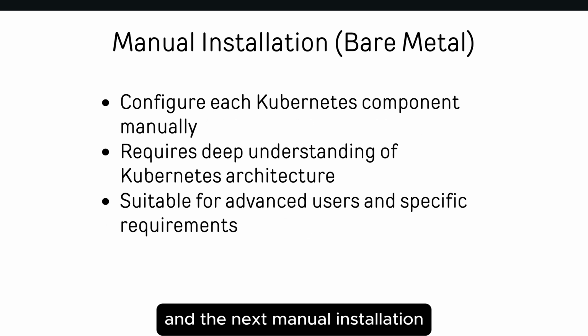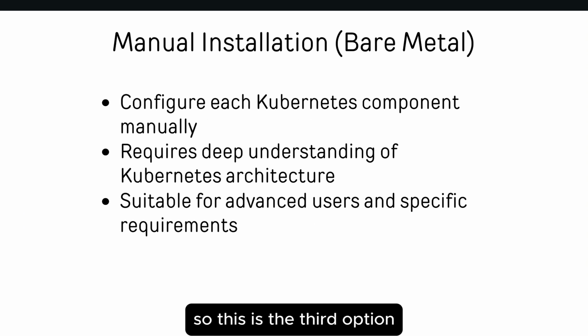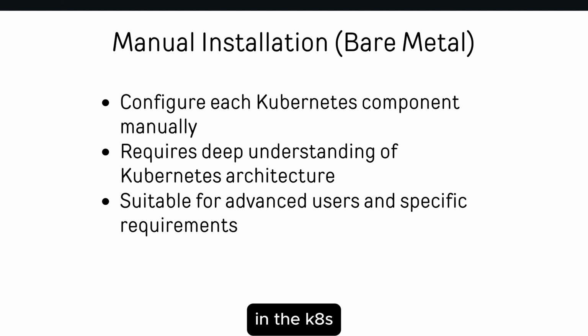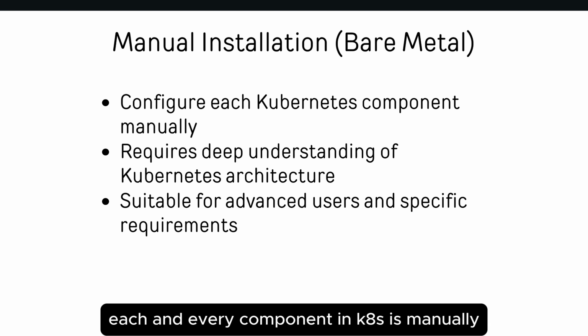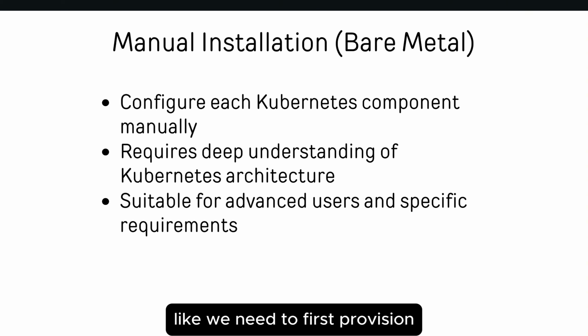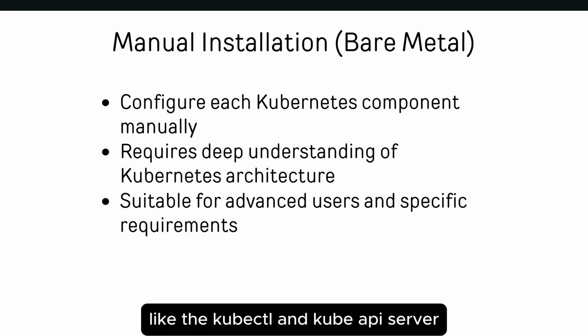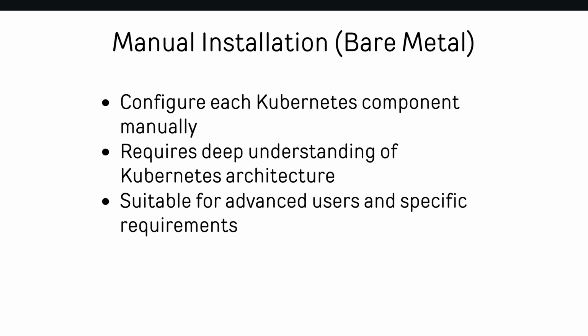Okay, and next, manual installation. This is the third option. We have to configure each and every component in Kubernetes manually. Like we need to first provision the Kubernetes master, taking some servers and installing the required tools like kubectl, and the required components like the kube API server.